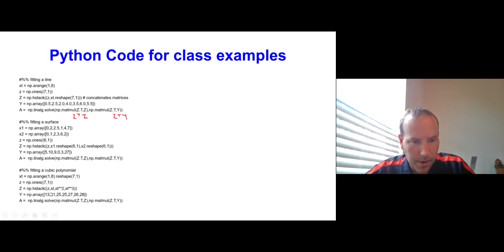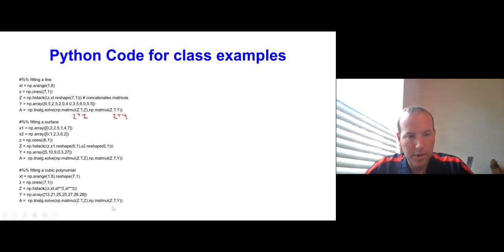And then we're going to compare them to these numbers, which are our given data points, and then we can solve this system of linear equations again by doing the linear solve ZTZ and comparing with ZTY.